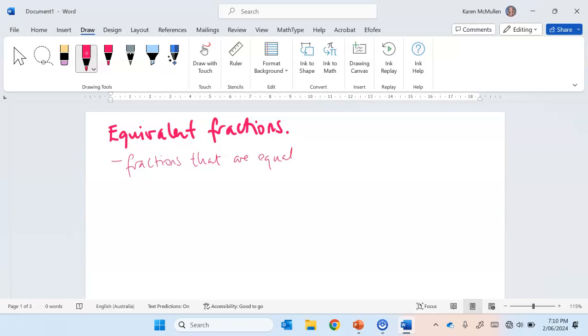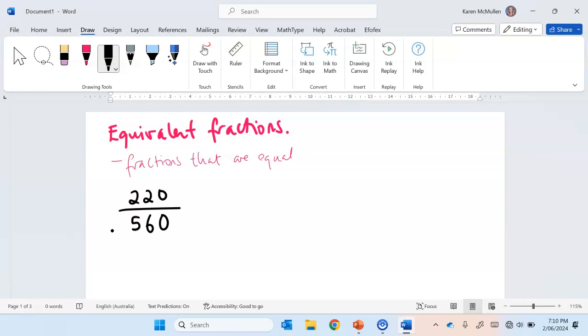So equivalent fractions are probably helpful because if we were looking at very large fractions, say something like 220 over, say, 560, then it's a very big number to think about.